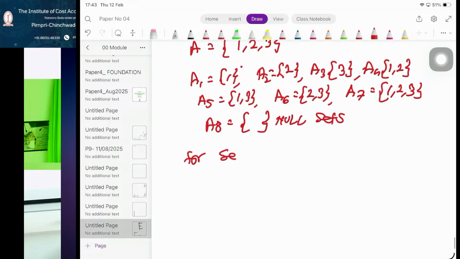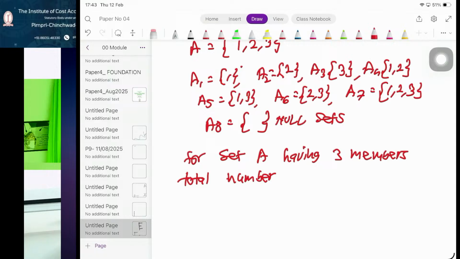For set A having 3 members, total number of subsets are 8. Every time you have to mention the null set.